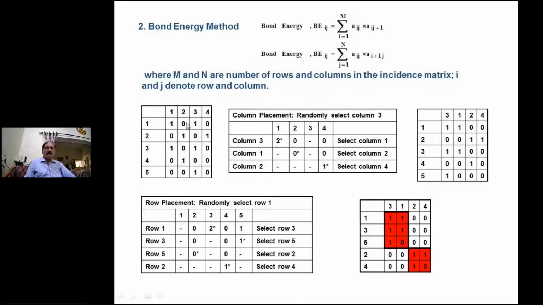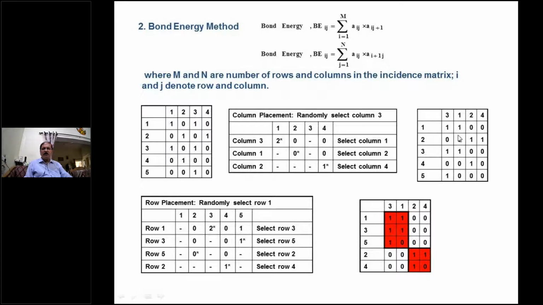Similarly we do it for the rows. Now there are 5 rows. Randomly select a row, say row 1, then calculate the bond energy of row 1 with the other rows, then row 3 with the others. Like that you calculate the bond energy and select the row with the highest bond energy, then rearrange the rows.